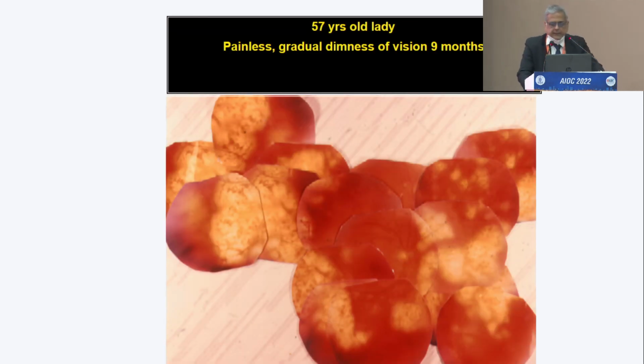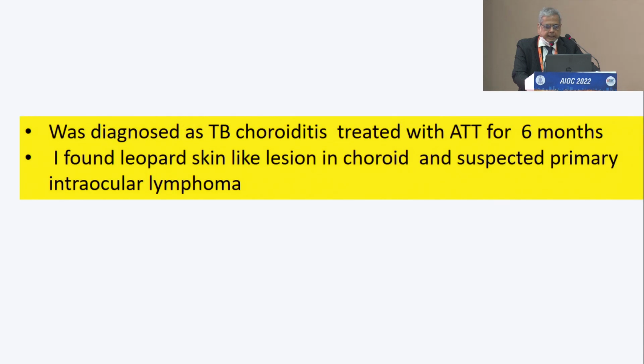Case 5 is a painless gradual dimness of vision for 9 months. The patient is from Delhi and was diagnosed as tubercular choroiditis. He was put on anti-tubercular treatment for 6 months, and I thought these lesions didn't look like tubercular choroiditis. No pigmentation was seen, and leopard skin spots were visible.